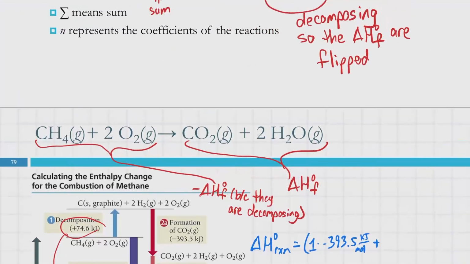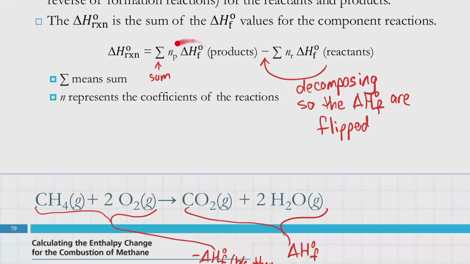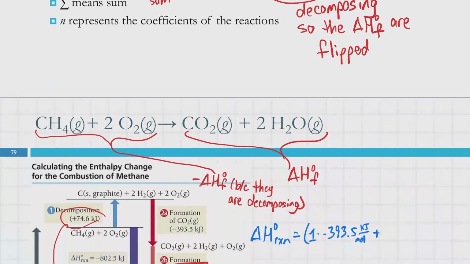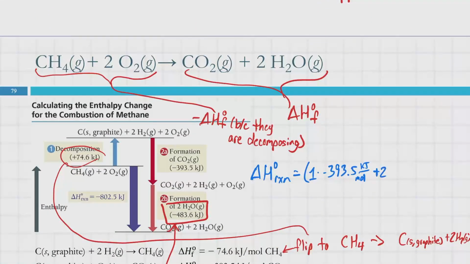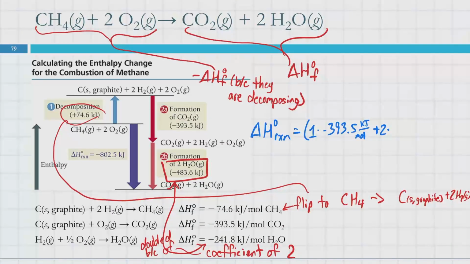And since we've got this sum term here, we're adding also our second product, the H2O. The H2O's got a coefficient of 2, so this n_p is the 2 there, and it's got a value for its delta H of negative 241.8, also with units of kilojoules per mole. And that's our sigma n_p delta H_f term.